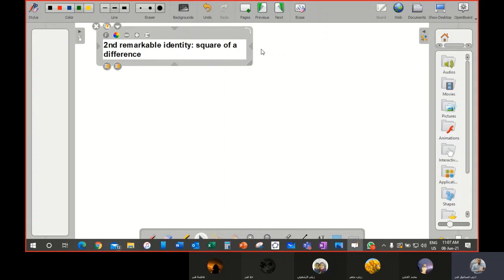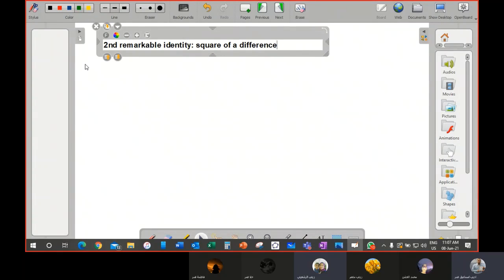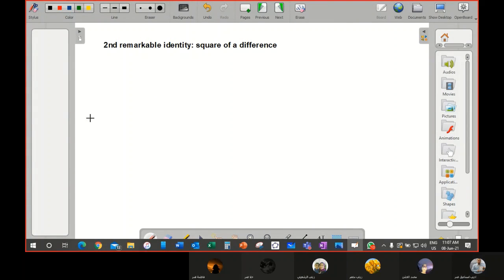Why are we saying here square of a difference? Because we subtract them. Zainab, what do you say for the square of a difference?